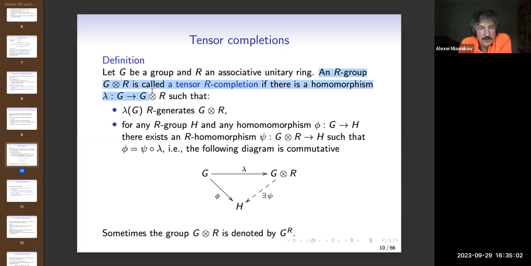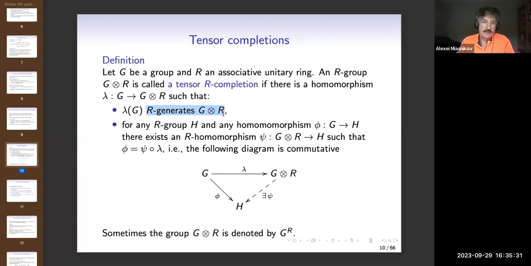An R-group denoted G tensor R is called a tensor completion of G if there is a homomorphism lambda from G into its tensor completion which satisfies two conditions. First of all, the image of G, lambda G, generates the tensor completion as an R-subgroup.